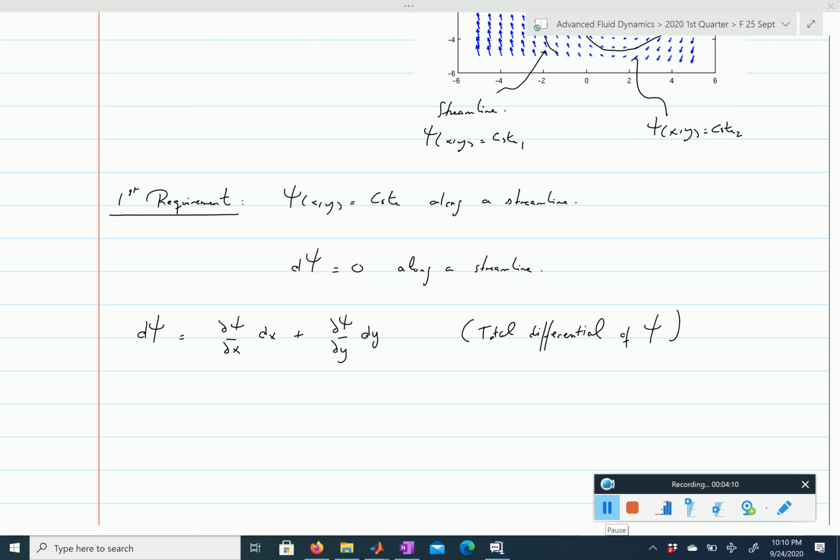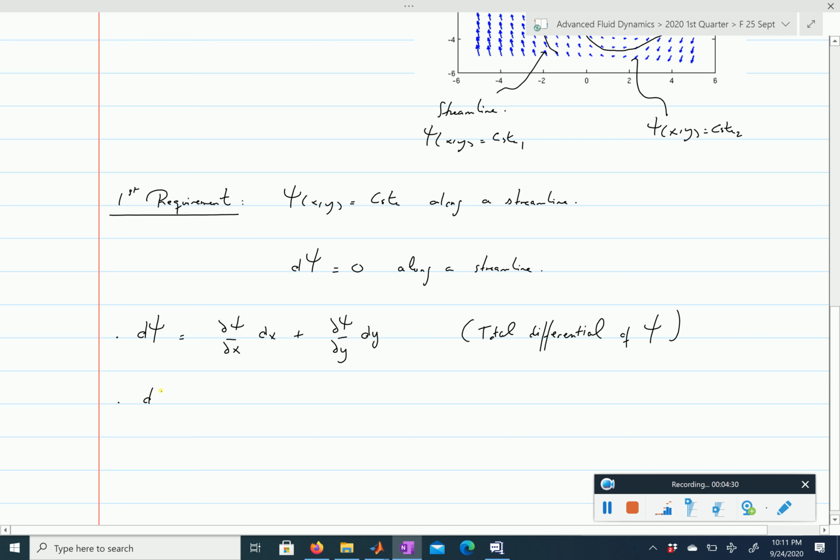When I'm writing this, I'm assuming that x and y are independent variables, and what we want is that along a streamline, so if we are no longer moving along a random dx and dy, but actually moving along a streamline, the change in psi is going to be equal to 0.